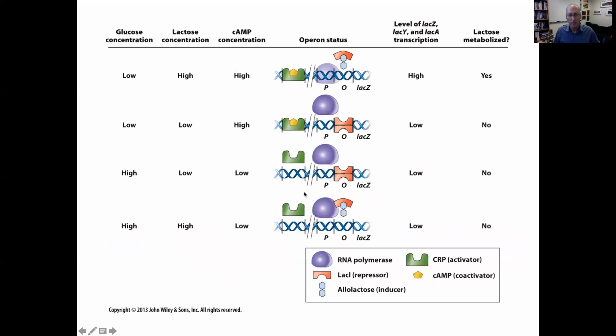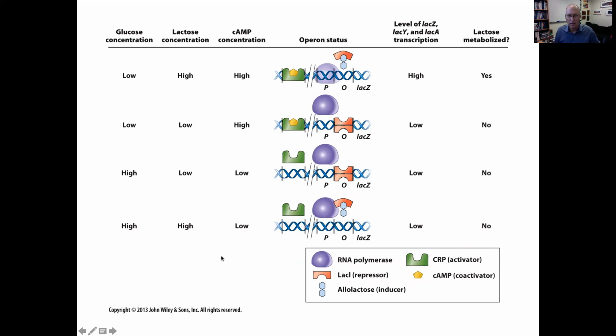That's why there's this relationship here. Cyclic AMP is only produced when glucose concentration is low, and then it binds to CAP, right? So you don't get cyclic AMP being produced when glucose is high here. Okay?